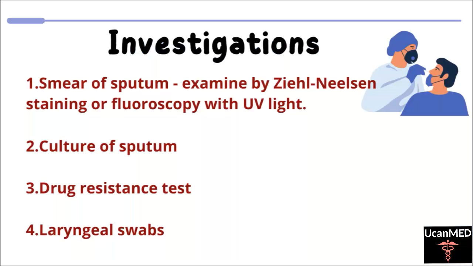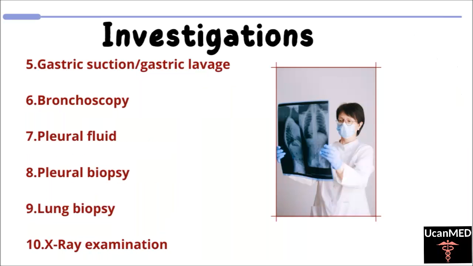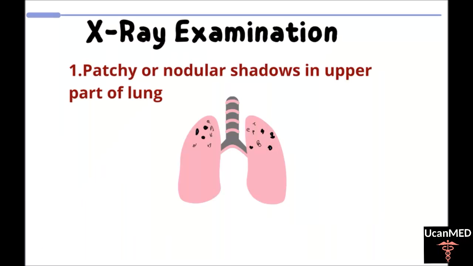Then about investigations. Smear of sputum examined by Ziehl-Neelsen staining or fluorescence microscopy with UV light, culture of sputum, drug resistance test, laryngeal swabs, and also we can investigate tuberculosis by gastric suction, bronchoscopy, pleural fluid, pleural biopsy, lung biopsy, and X-ray examination.